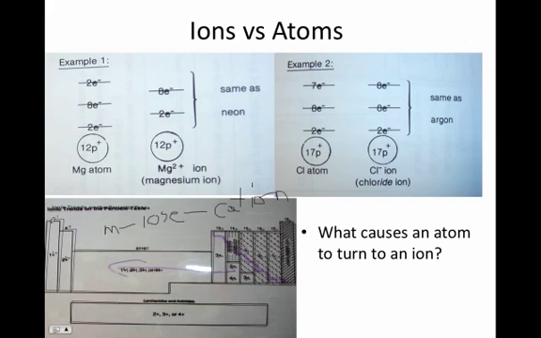Here are the alkali metals. They'll always form a 1 plus charge, so their atoms give up 1 electron to form 1 plus ions. The alkaline earth metals tend to form 2 plus ions, and the transition metals, it all varies. Aluminum and this column, which has no specific family, 3 plus.